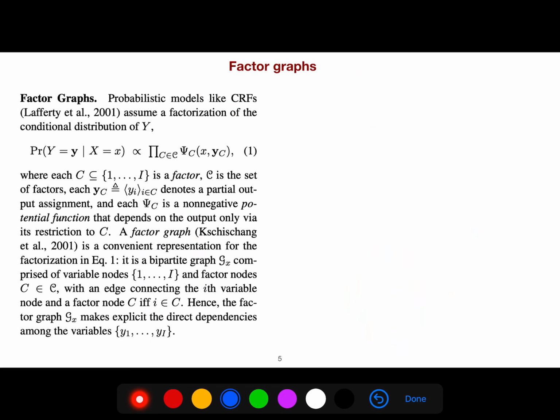And the factor graph, as you know, is the multiplication of your potentials and your constraints, where C stands for constraints, or you can say clique. It depends on the context. In factor graphs, you can think about it like that. But constraints are things that are a combination of your variable nodes.